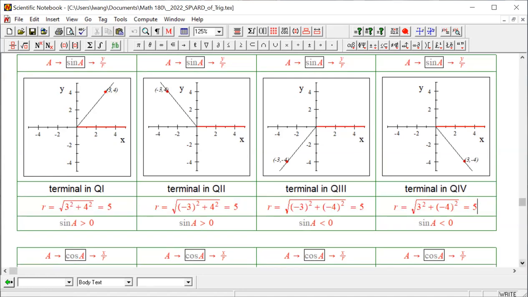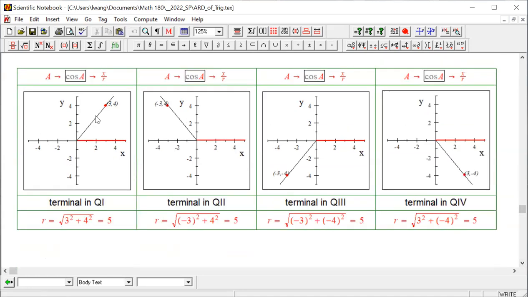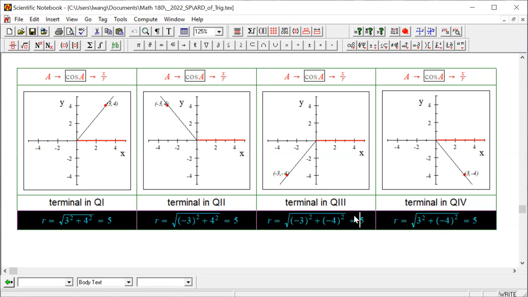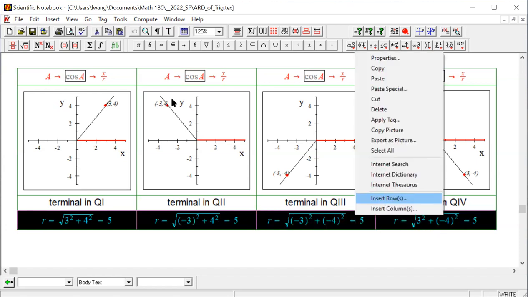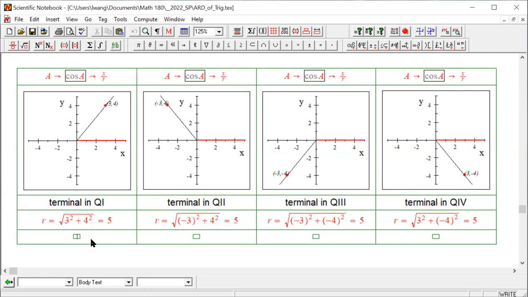So let's look at cosine, x over r. I'm going to use a table to calculate this so we have a comparison. R is known, and x is essential, x over r.